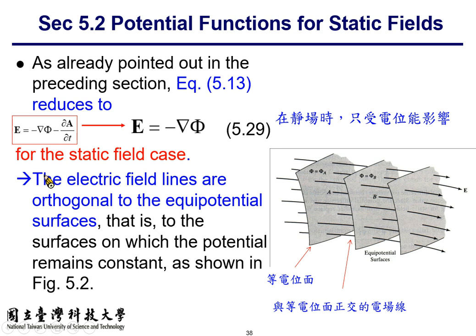If you take the gradient of phi, you are pointing toward the direction of higher potential. On the other hand, however, the electrical field intensity is defined as from greater potential to smaller potential.